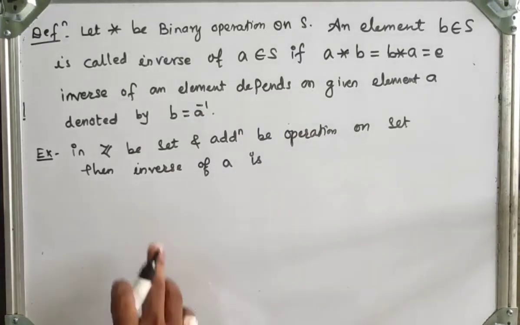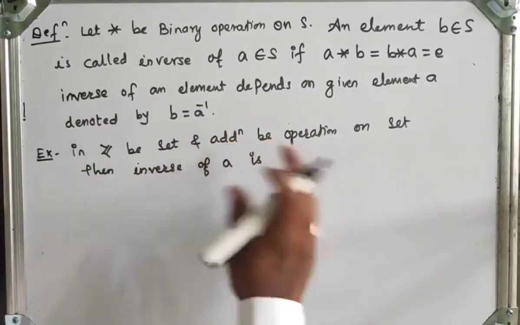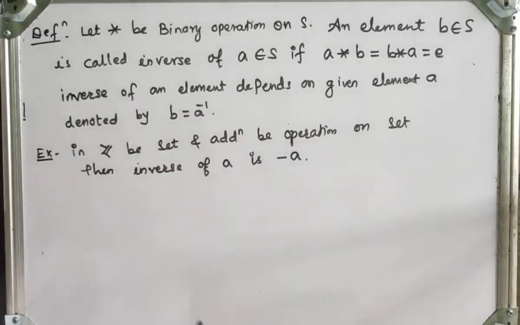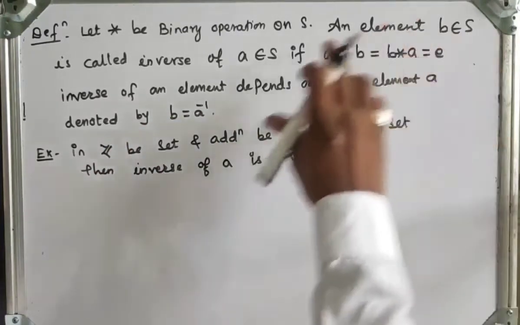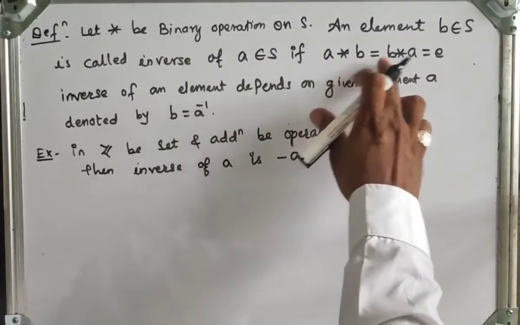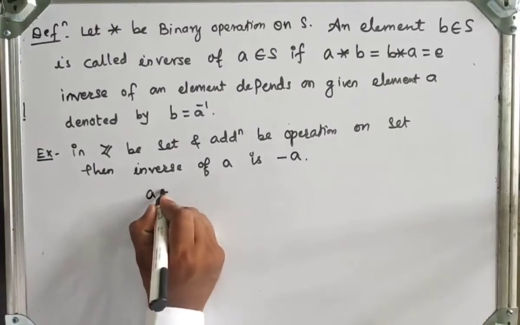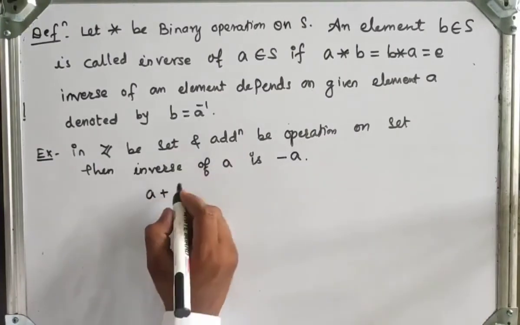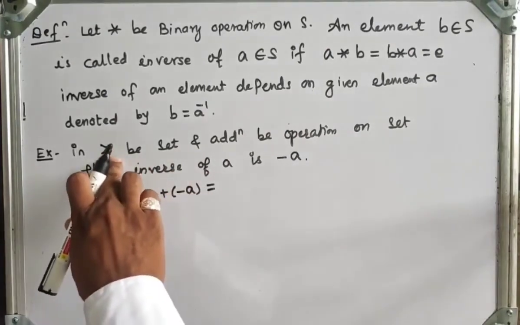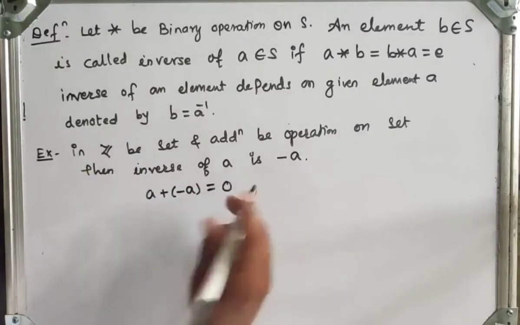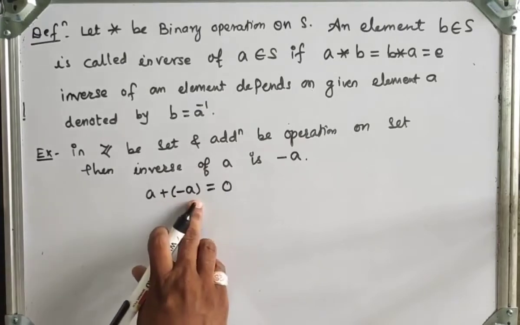The inverse element of A in the set of integers under addition is minus A, because what is the property for inverse element? We say that B is the inverse element of A if A star B is equal to B star A is equal to identity. Here the operation is addition, so A plus minus A is equal to identity. The identity element in the set of integers is 0, so A plus minus A is equal to 0. So the inverse of A is minus A.